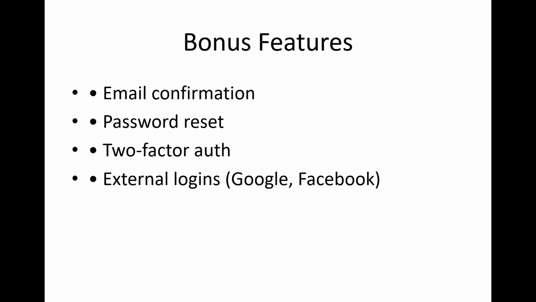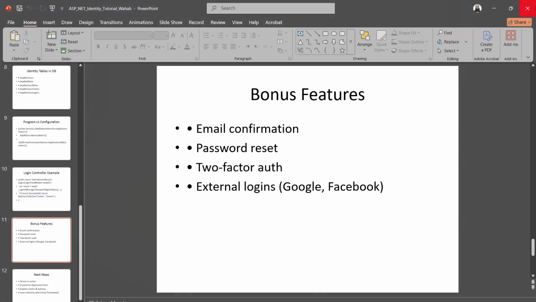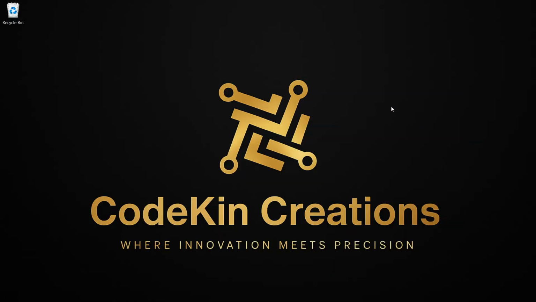As bonus features, we are provided with email confirmation, password reset, two-factor authentication, and even external logins for Google and Facebook can be easily done using this. So we have reached the end of this. Without further ado, let's move directly to the code.